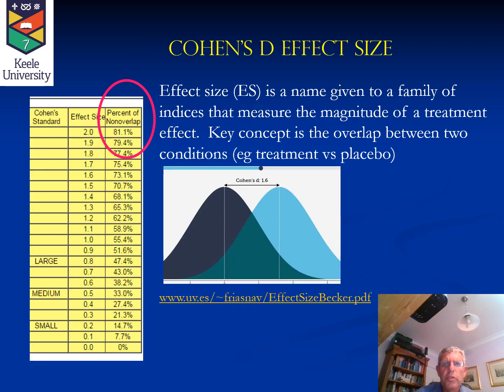Effect sizes can also be interpreted in terms of the percentage of non-overlap of the treated group scores with those of an untreated group. So for example, if we look here, on the left the treated group and on the right the untreated group, say for example looking at blood pressure, and we see that the treated group has lower blood pressure.